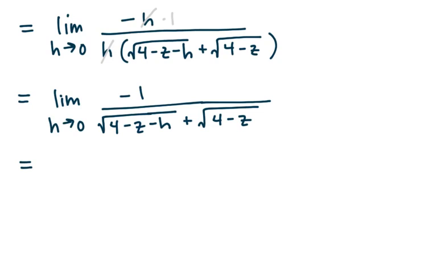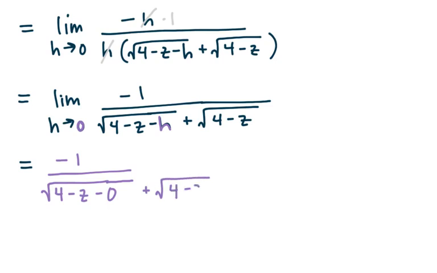In this situation, if I plug my 0 value in for h, I'm going to end up with negative 1 over the square root of 4 minus z minus 0 plus the square root of 4 minus z. So 4 minus z minus 0, I don't need that 0 there.